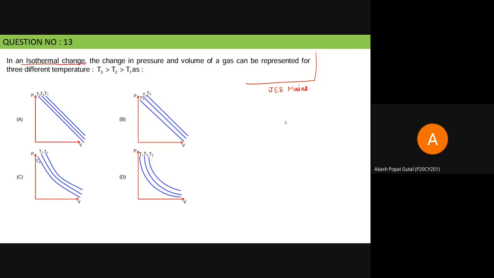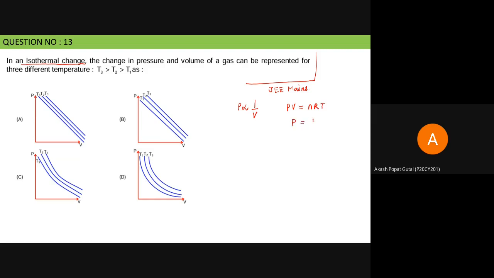So try it. So what we have, isothermal condition, P is directly proportional to 1 by V. Fine. But this expression comes from PV is equal to nRT, the ideal gas equation. Okay.